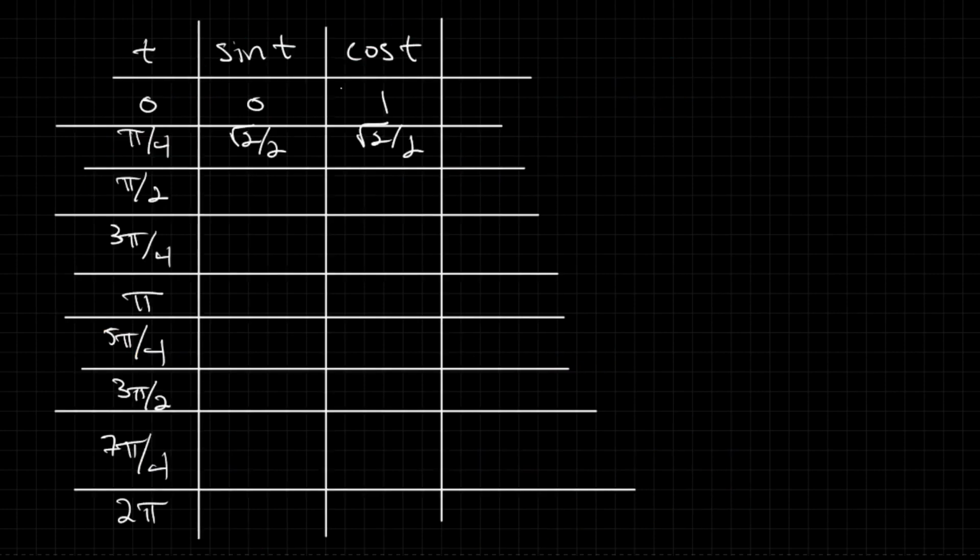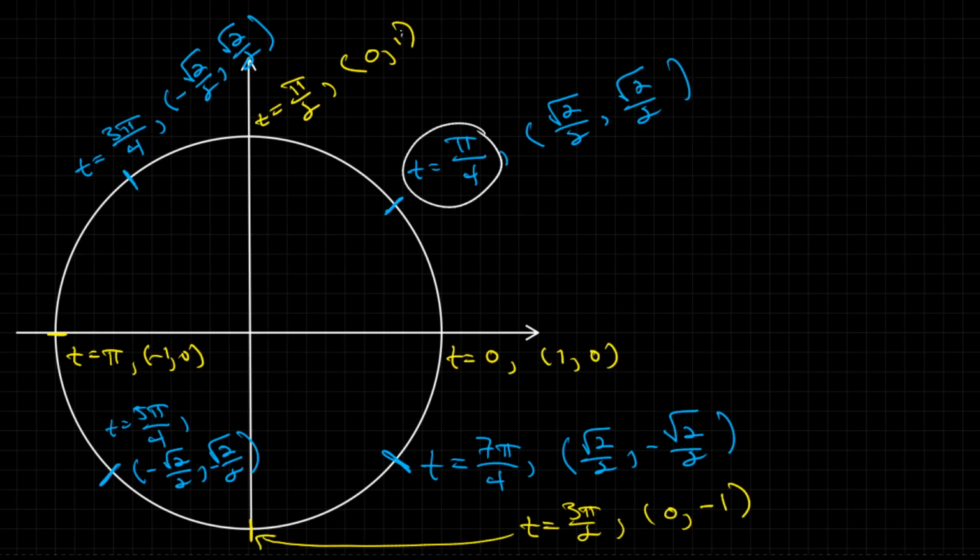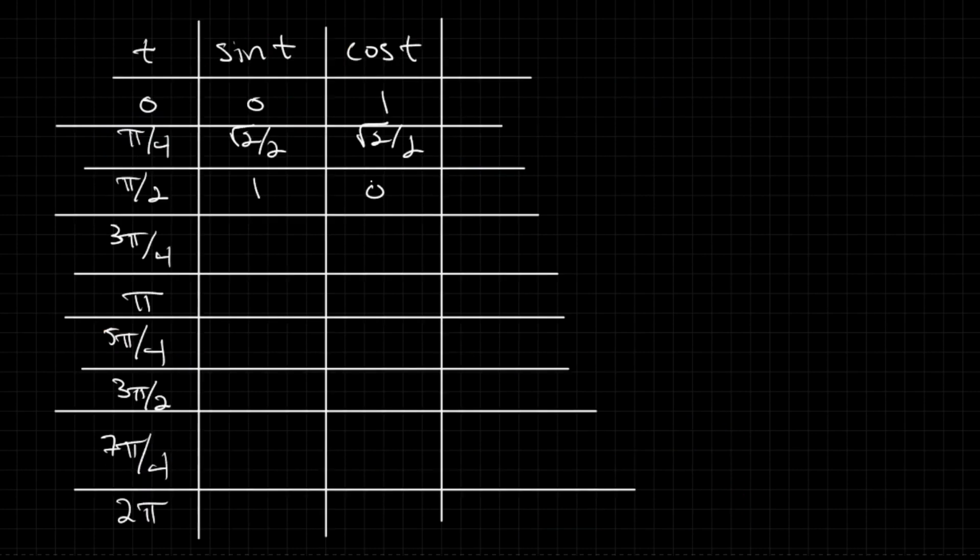So at pi over 2, sine of t is 1 and cosine of t is 0. So 1, 0. And we could keep on going back to the unit circle to figure all these out, but I know what they are, so I'm going to fill this in relatively quickly. So root 2 over 2, negative root 2 over 2, then 0, minus 1.